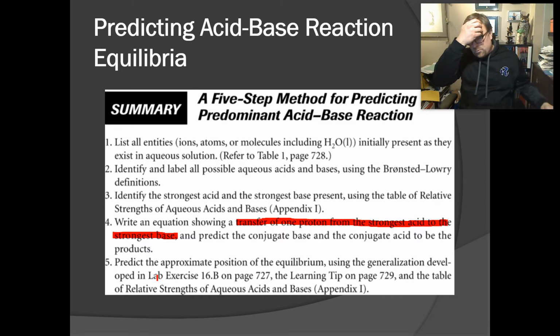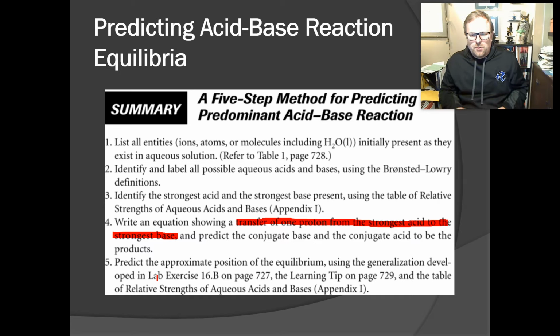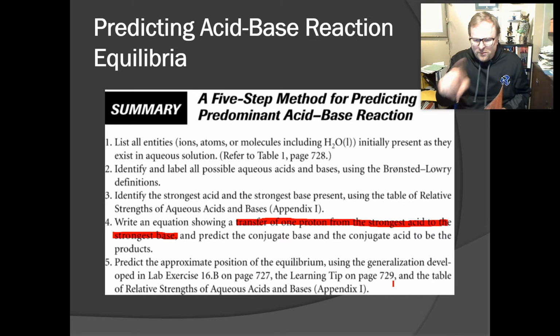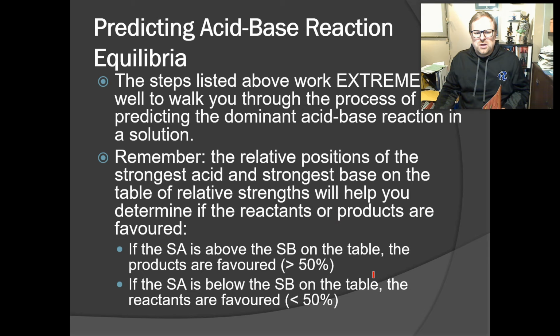Then we predict the approximate position of the equilibrium using the generalization. I know we didn't do the lab, but the generalization is: if the strongest acid is above the strongest base on the table, the products are favored. If the strongest acid is below the strongest base on the table, then the reactants are favored.